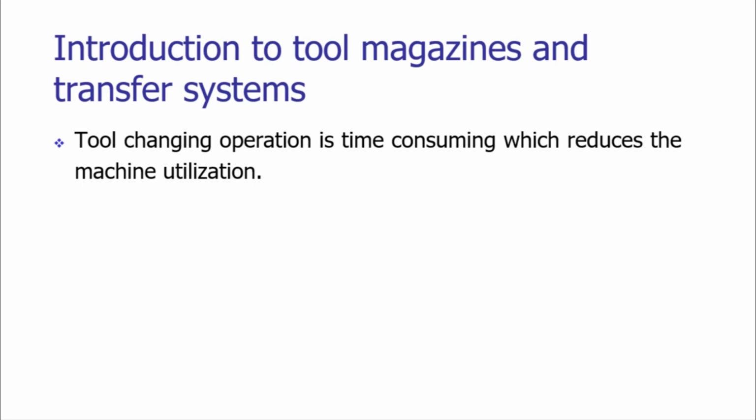We are storing the tool somewhere, and when we change the tool there may be chances of error as well. When the tool is worn out, we need to either replace it with a new tool or regrind the tool and then reuse it. So this entire operation is very time consuming.